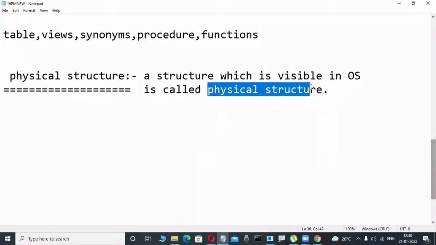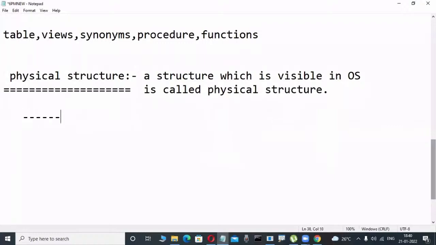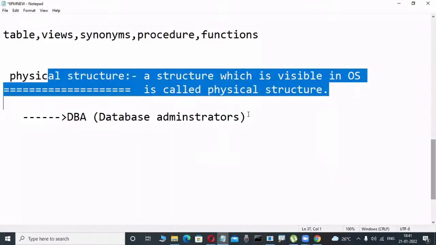But the physical structure, you are not working, I am not working. Some different type of persons are working. Who is that? DBA, database administrator. In project side, some other type of persons are there in a database. Those database administrators only work in the physical structure.